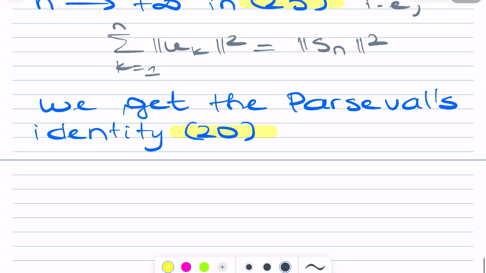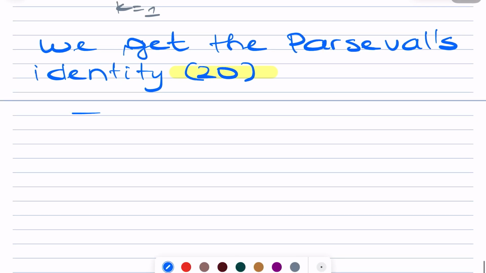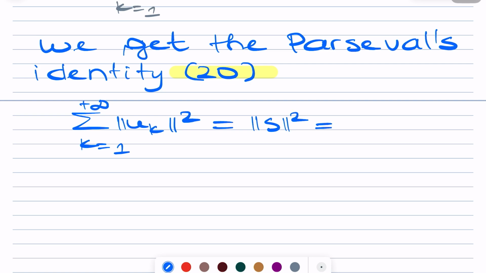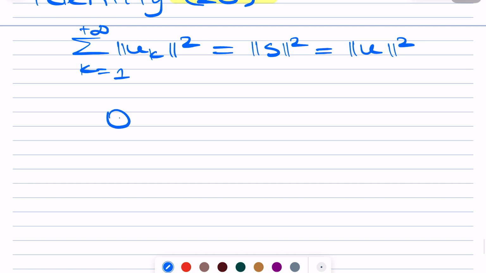The summation of the norm of u_k squared, k running from 1 to infinity, is exactly the norm of S squared, which is the norm of u squared. So with this, this is the end of the proof, right?